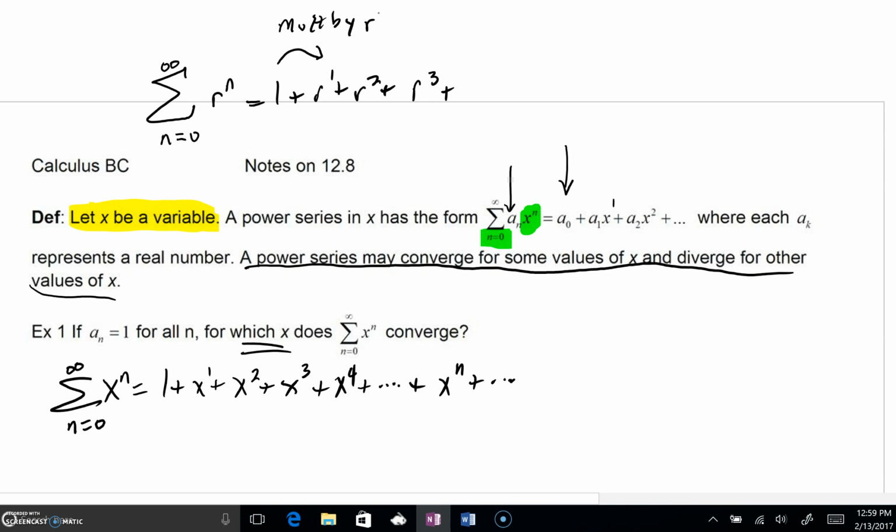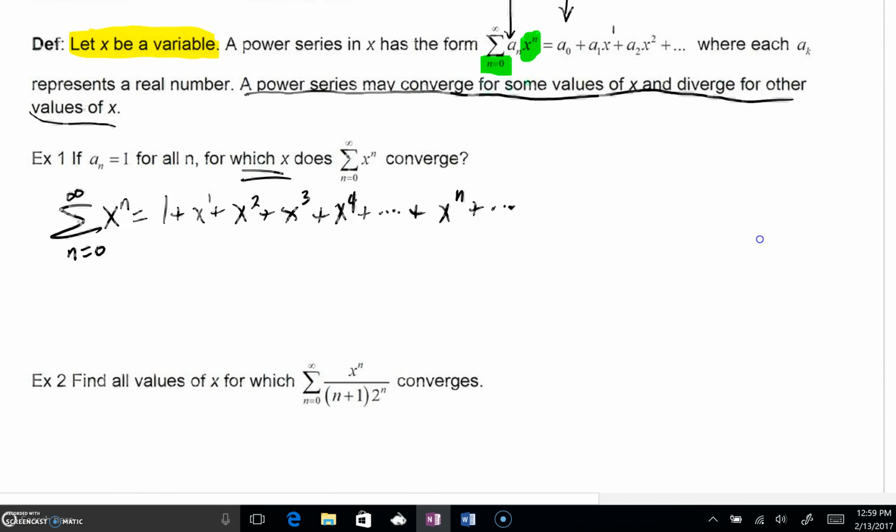For example 1, it's the exact same format. It's just instead of writing it with an r, I've written it with x. So what's going on here? Well, you tell me, did the geometric series converge? Answer, yes, when the absolute value of r was less than 1.